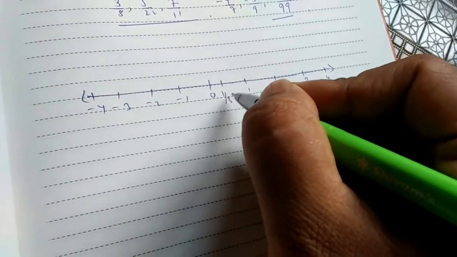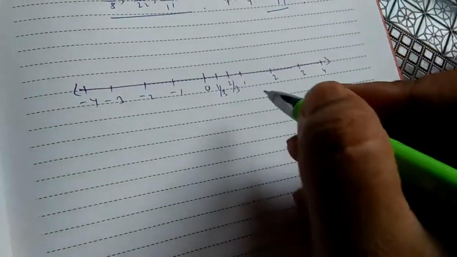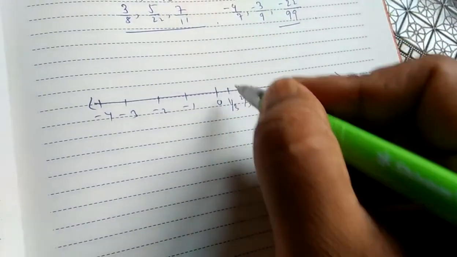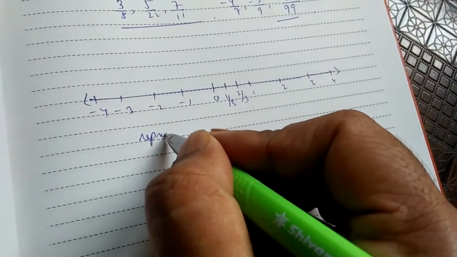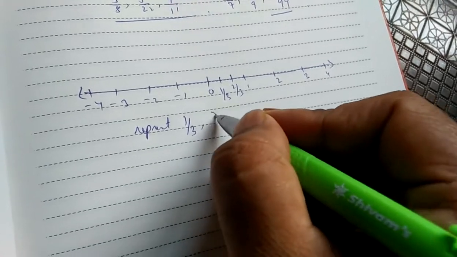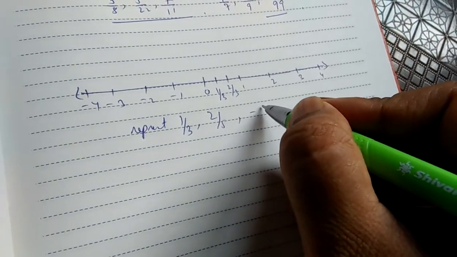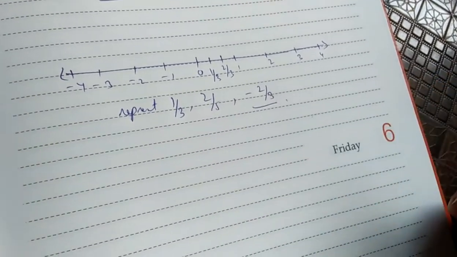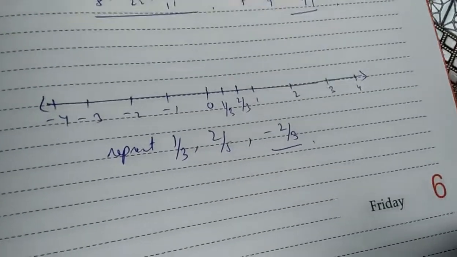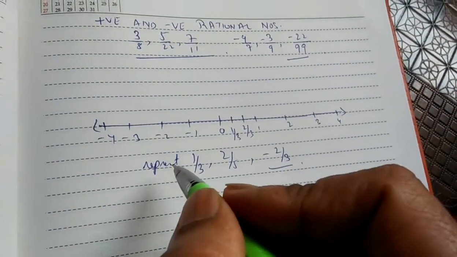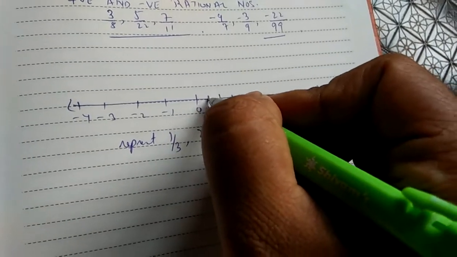This is 1 by 3, this is 2 by 3, this is 1. Alright. So we have to represent 1 by 3, 2 by 5, minus 2 by 3. Okay. Understand simple numbers first, then we will go to complex numbers. Okay. So represent 1 by 3. So this is 1 by 3.